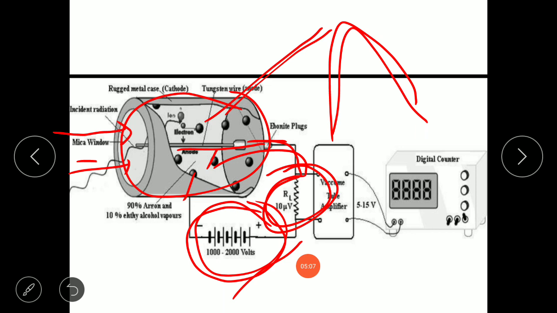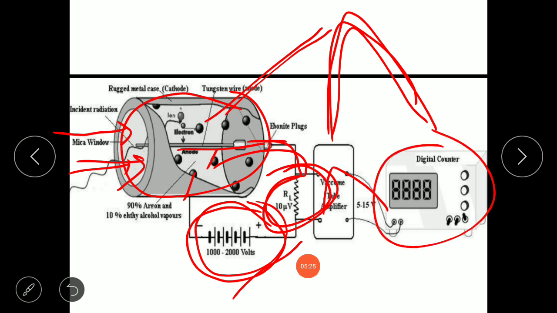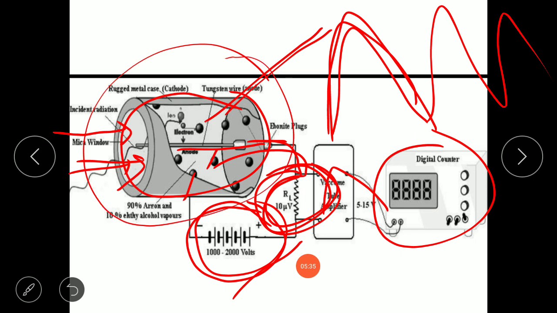If one alpha particle enters the Geiger-Müller tube, we get one pulse of current and then one pulse of output voltage across the resistance. If we apply a counter across this resistance and count the number of pulses, we can find the number of particles entering the tube.